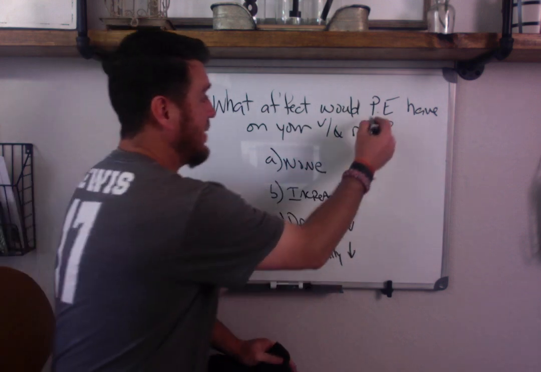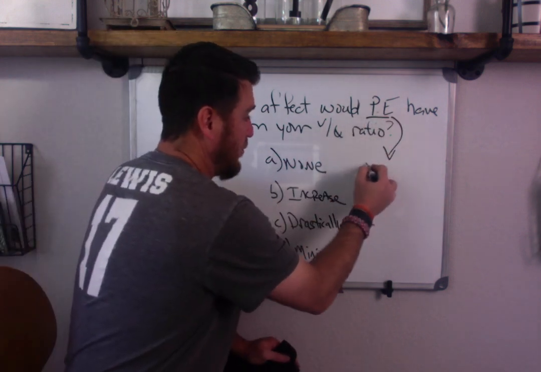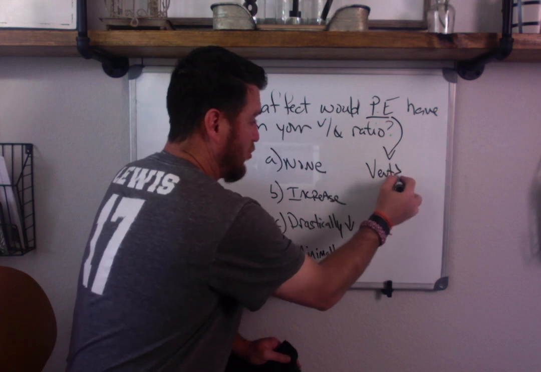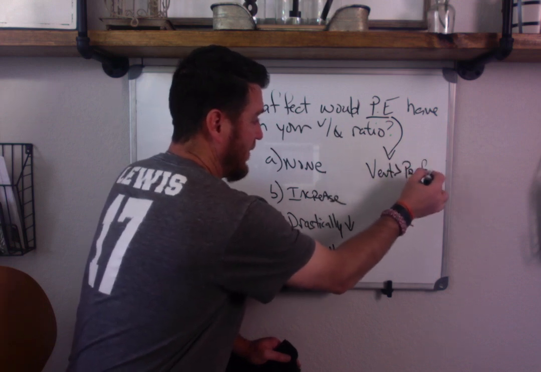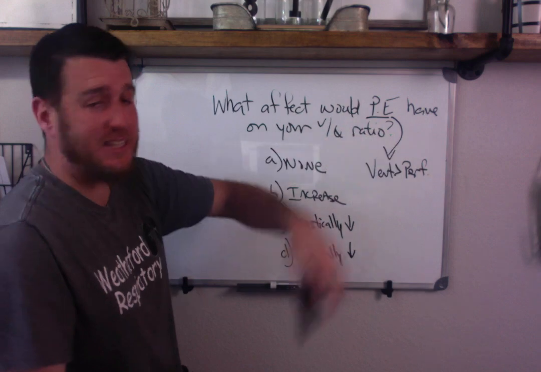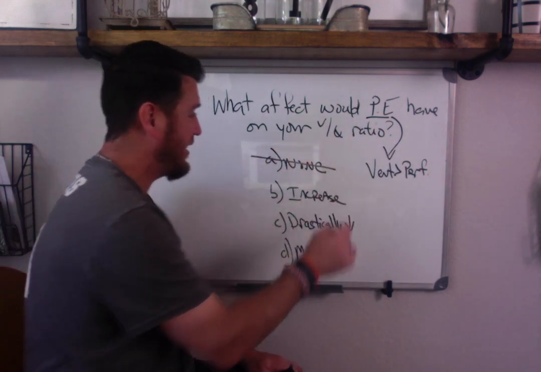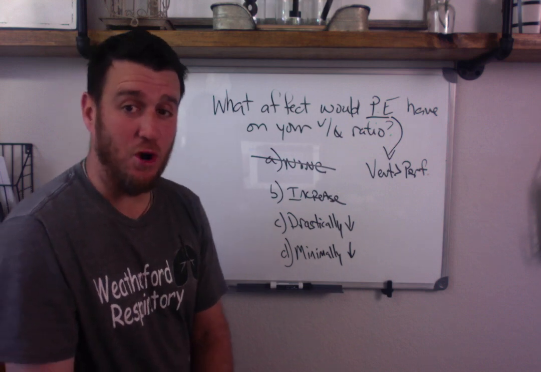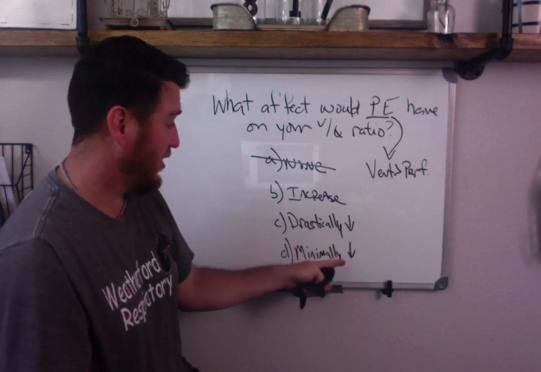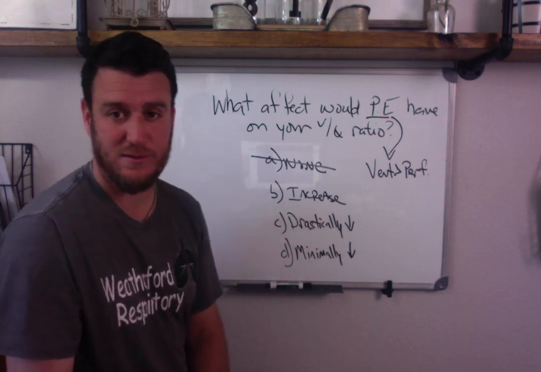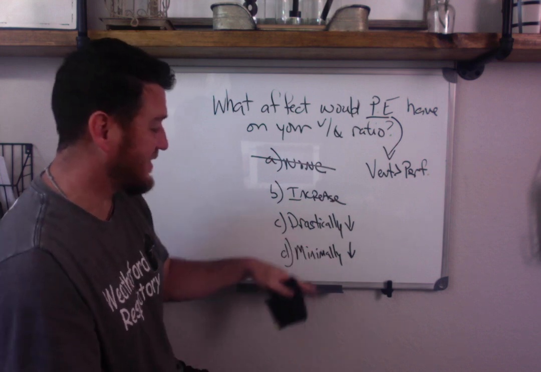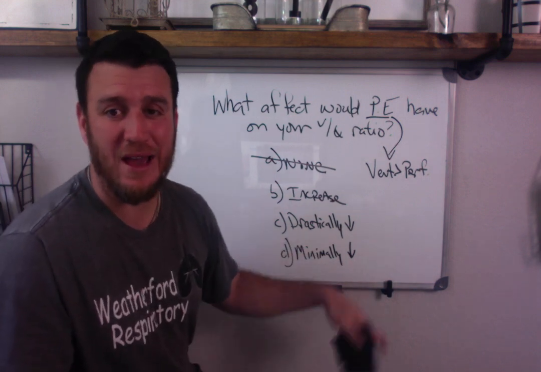But pulmonary embolism equals ventilation greater than perfusion. Every disease process is going to have an effect on your VQ ratio, so it's not none. So does it cause it to decrease or does it cause it to increase? The drastically and the minimally, they don't matter.